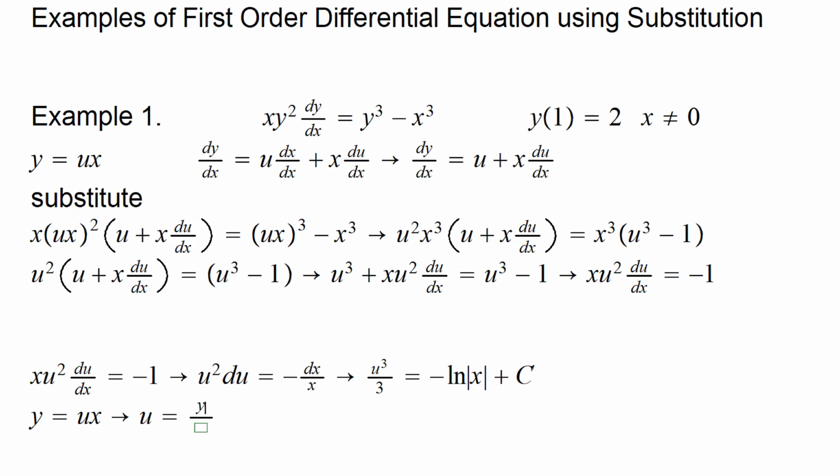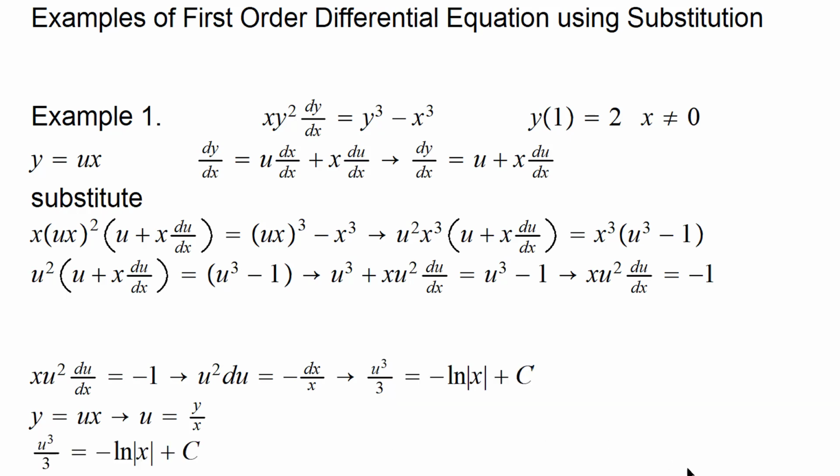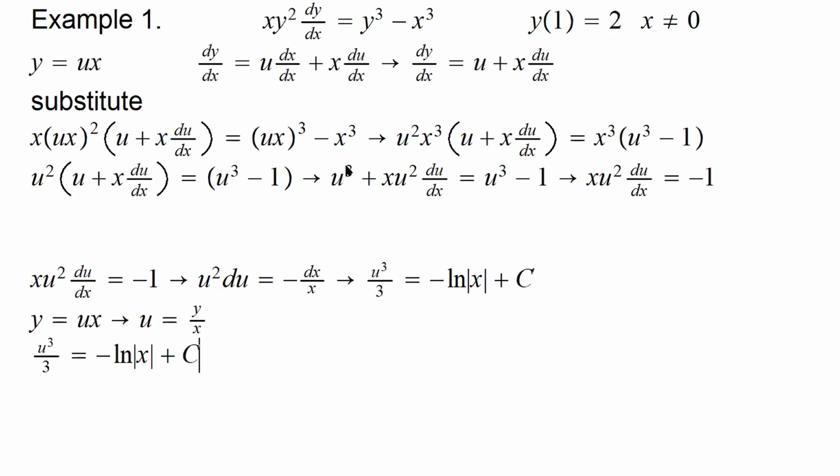So if we substitute that in here, we will get y cubed divided by 3x cubed equals negative natural log of absolute value of x plus a constant.